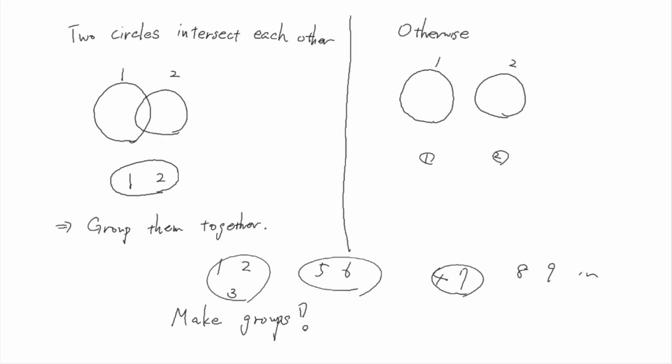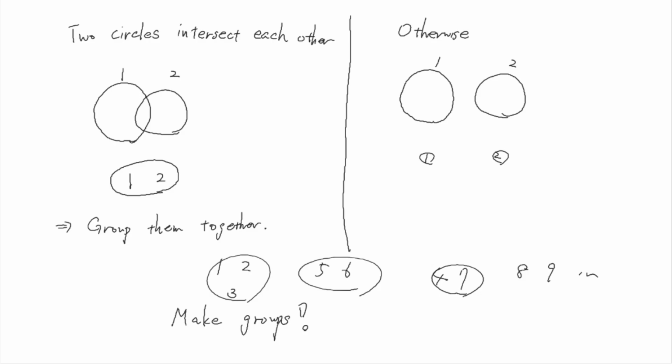But otherwise, if the two circles don't intersect each other, you don't do anything. I mean, circle 1 forms one group, but the second circle forms the other group.